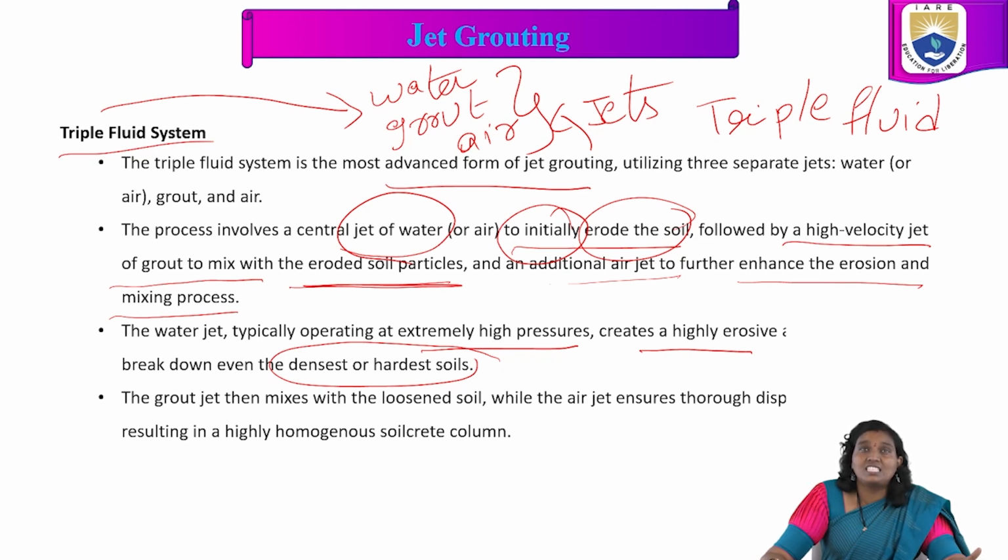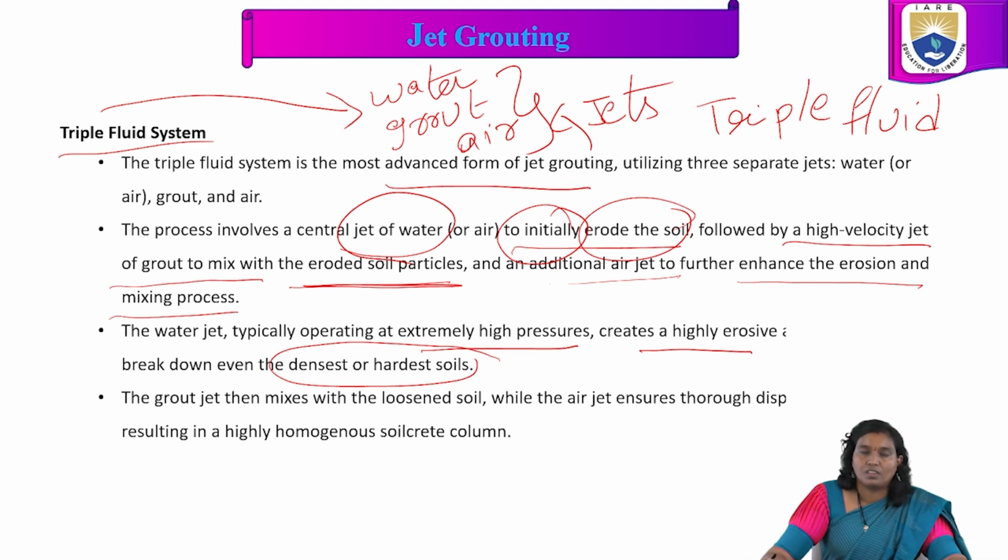With the combination of these three jets, it is able to erode and mix, and enhances the erosion. Based on all this, it is capable of eroding, mixing and doing jet grouting in hard soils also.